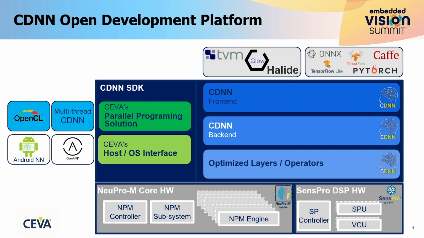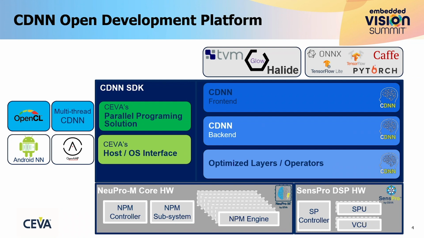CDNN can be used as a standalone graph compiler and runtime framework, meaning that it takes ONNX or PyTorch or TensorFlow models, compiles them and then runs them. This is what we call CDNN as a front end.